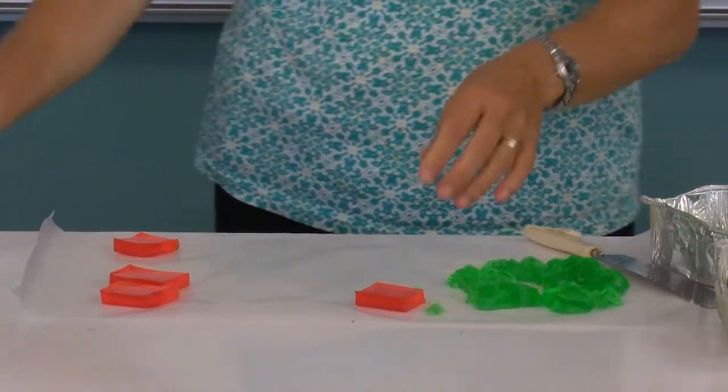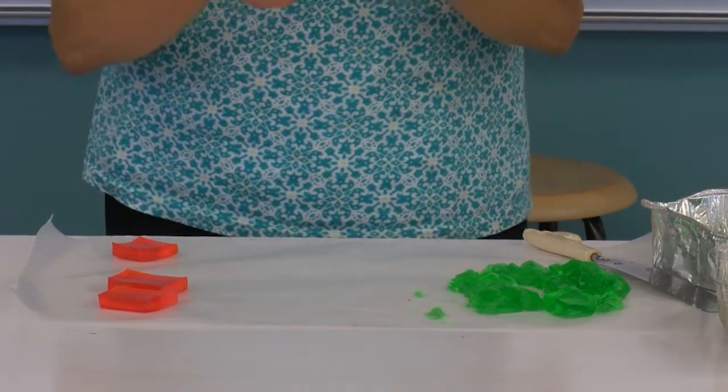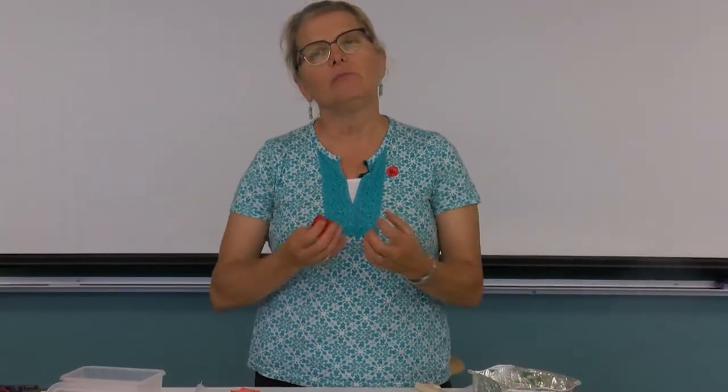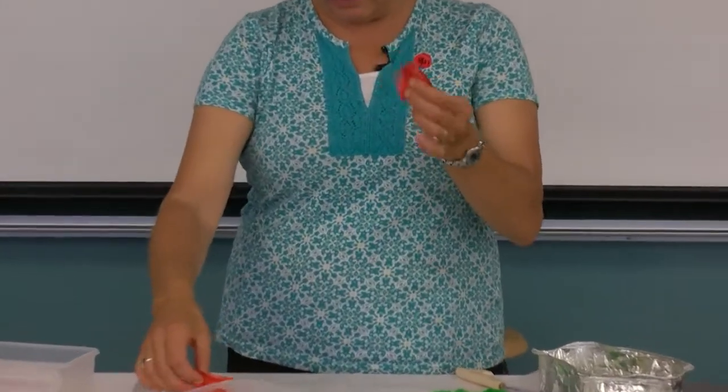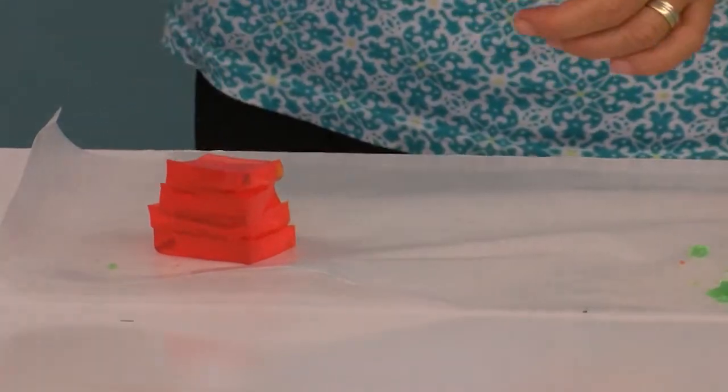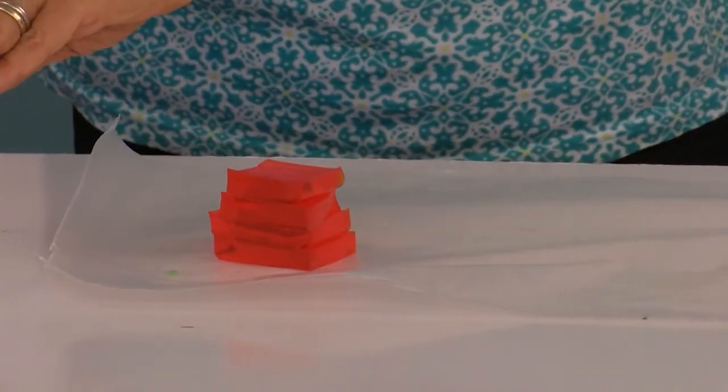Now, let's look at the orange. The orange represents the other type of air mass. There's warm air masses, there's cold air masses. Again, when these come together, we get a front, and that's where we get weather. Okay? Look at this orange Jell-O. I'm twisting it around. I'm stacking it up in piles.